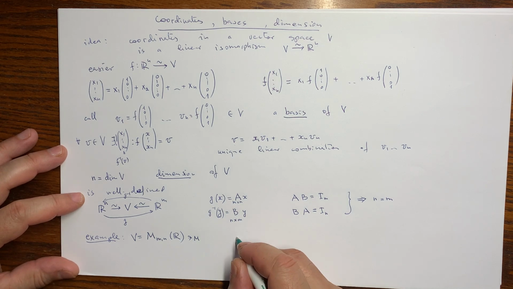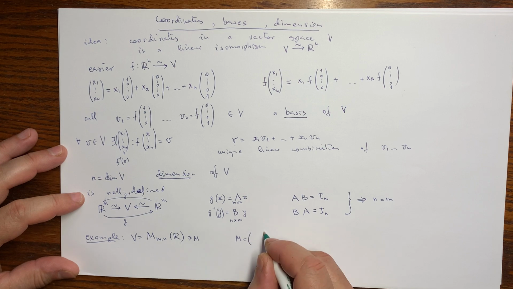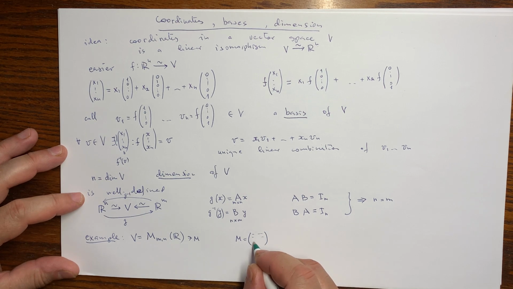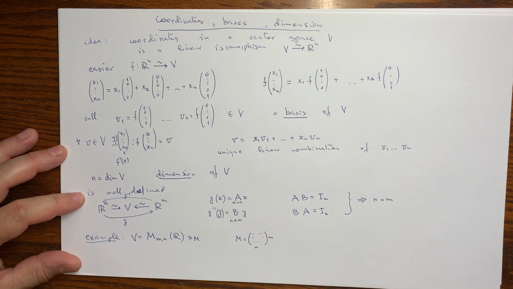If we look at what it is as an array of numbers, it has m rows and n columns. So we have m times n matrix entries, and they're all independent. They don't talk to each other, so they must be these coordinates.